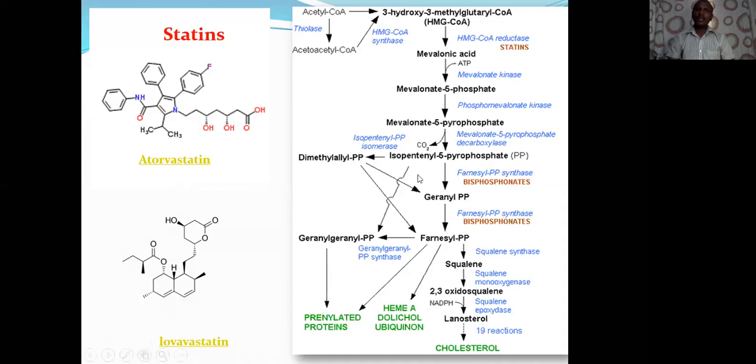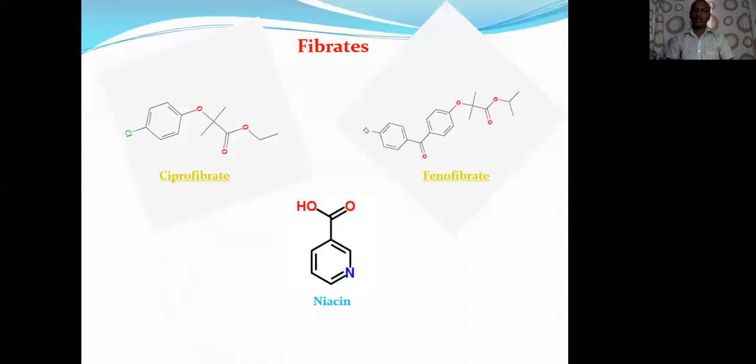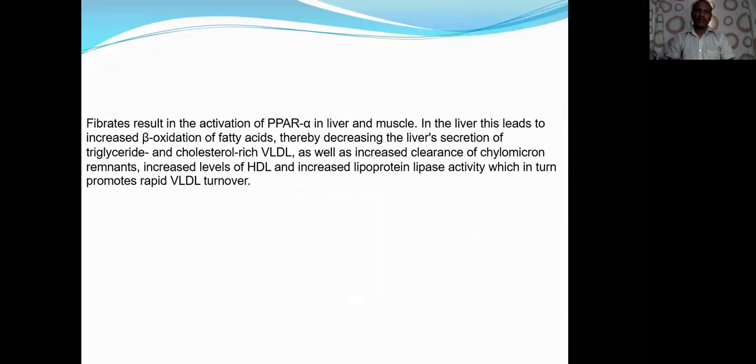This is statin. And the next one is fibrates, that is clofibrate or fenofibrate or ciprofibrate, and niacin. Niacin is another class of drug. This also we have discussed, and their mechanism also. It is the peroxisome proliferator-activated receptor alpha, especially in the liver and muscle.